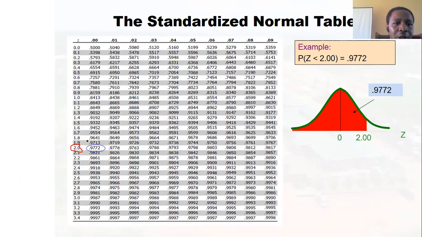As you can see, the value for 2.0 is 0.977. So you can say that P(Z less than 2.0) is equal to 0.9772.